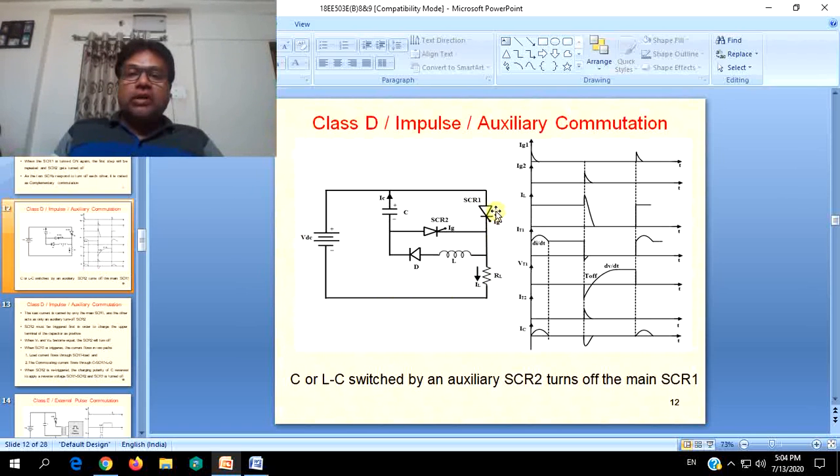Now when you want to turn off the main SCR, you need not do anything.